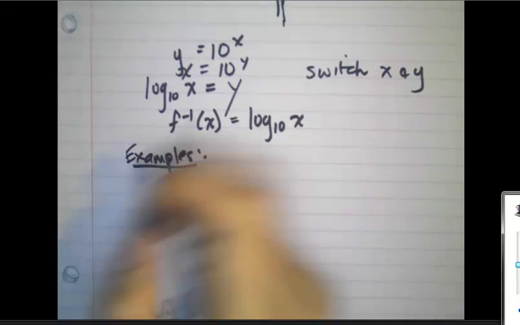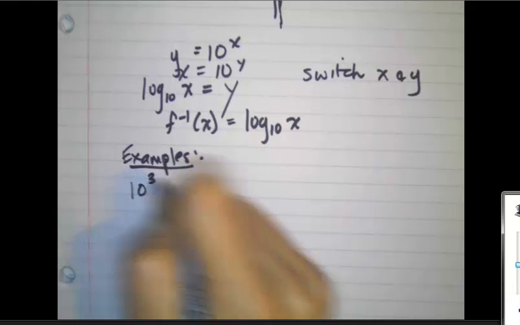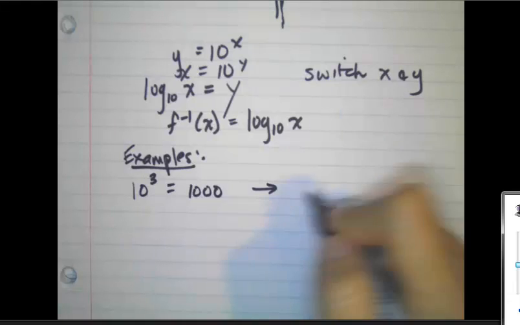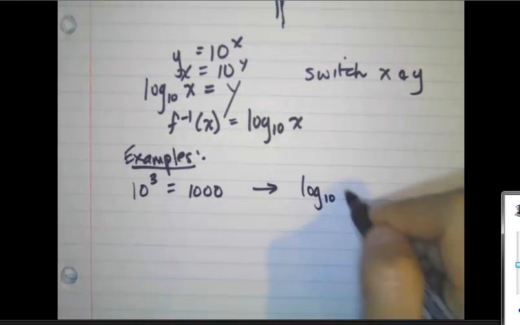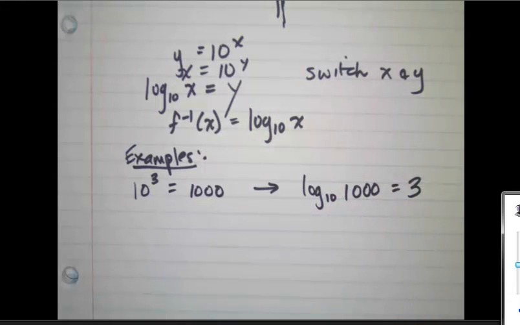So example 1, we have, let's say, 10 to the third is equal to 1,000. Therefore, we can write that the log base 10 of 1,000 is equal to 3.